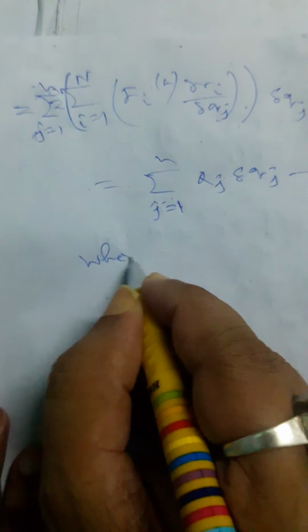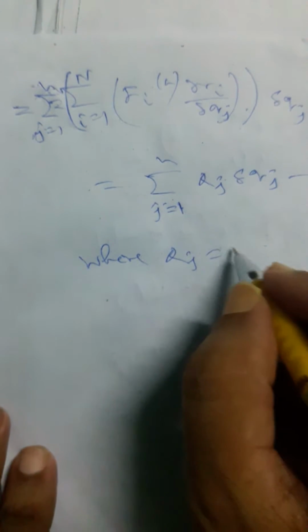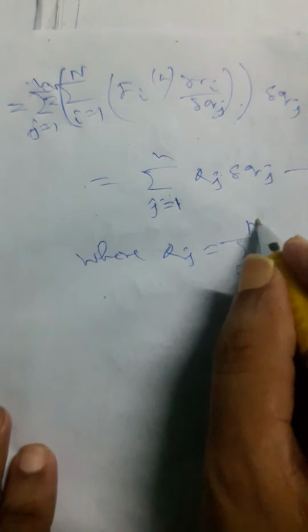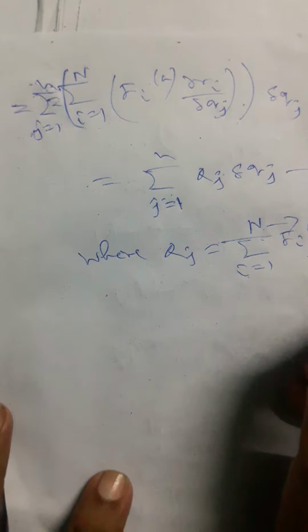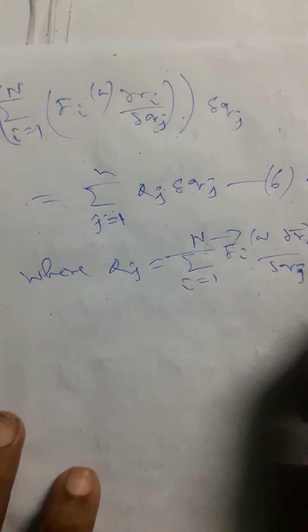So j runs from 1 to small n, the degrees of freedom, Qj del qj. We take this as equation number 6, where Qj is equal to the sum of i running from 1 to capital N of Fi^a dot del ri del qj, taking it as equation number 7.